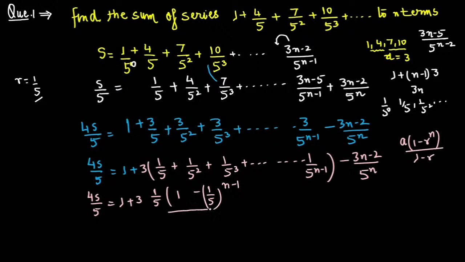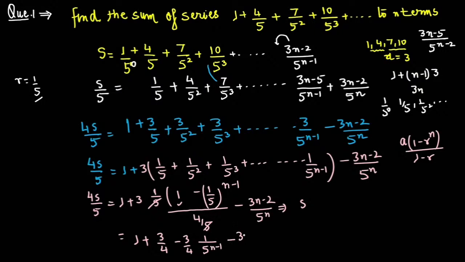And 1 minus 1 by 5, I'm writing directly 4 by 5, minus (3n minus 2) divided by 5 power n. So s, before s, let's simplify this. 1 plus, this 5 and this 5 will get cancelled. 3 by 4, when multiplied with 1, it becomes 3 by 4. Minus 3 by 4 into 1 upon 5 power n minus 1. Minus (3n minus 2) upon 5 power n.